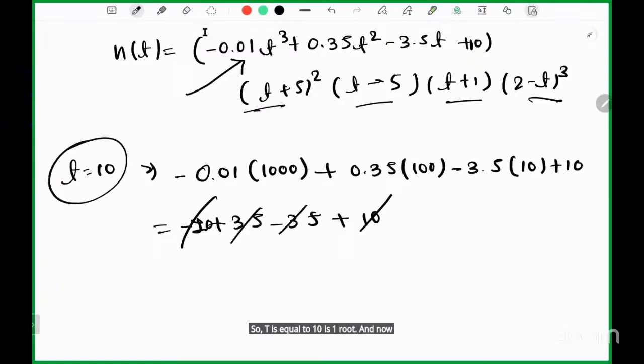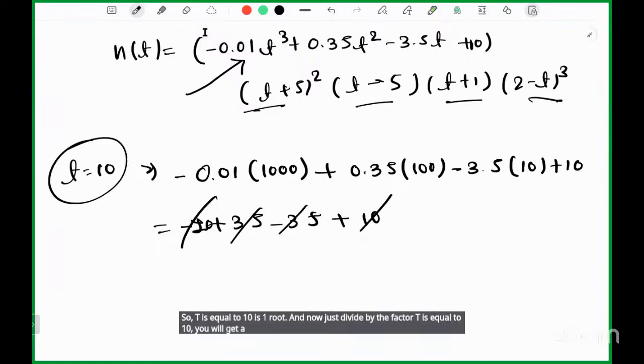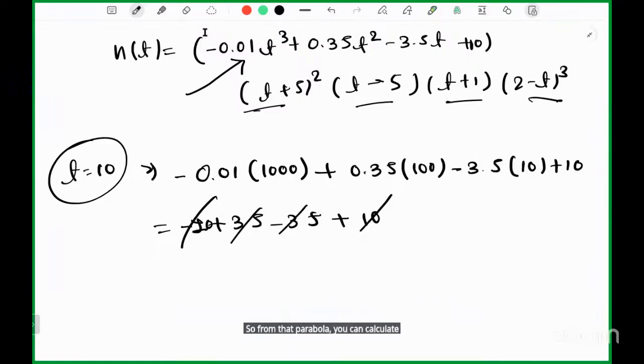Now just divide by the factor t minus 10. You will get a parabola, and from that parabola you can calculate the two other factors. So this is minus 0.01 of t cube plus 0.35 of t square minus 3.5 of t plus 10.